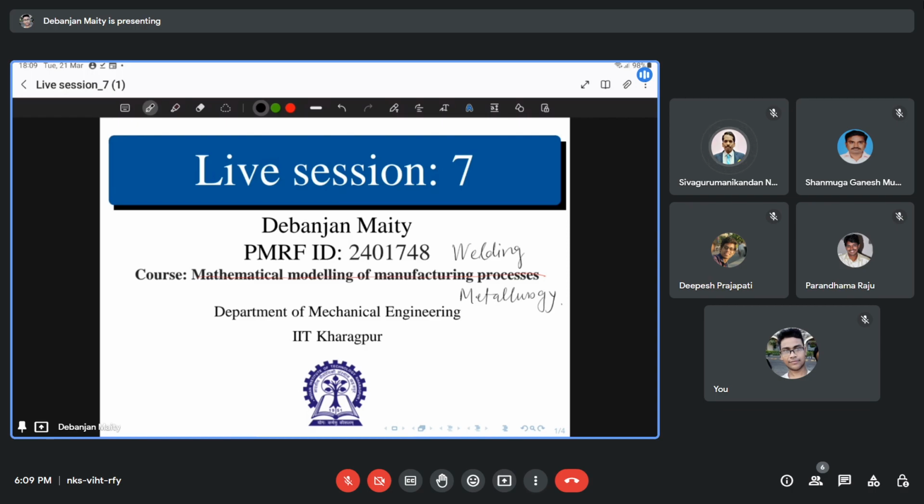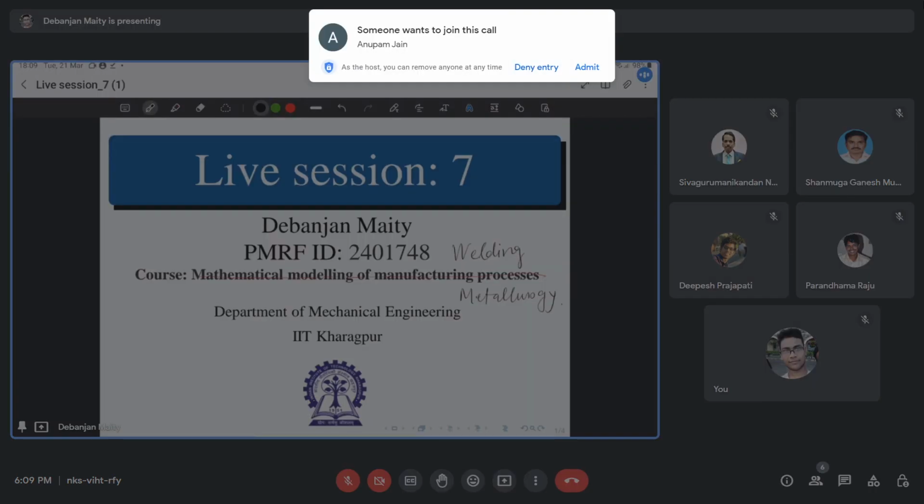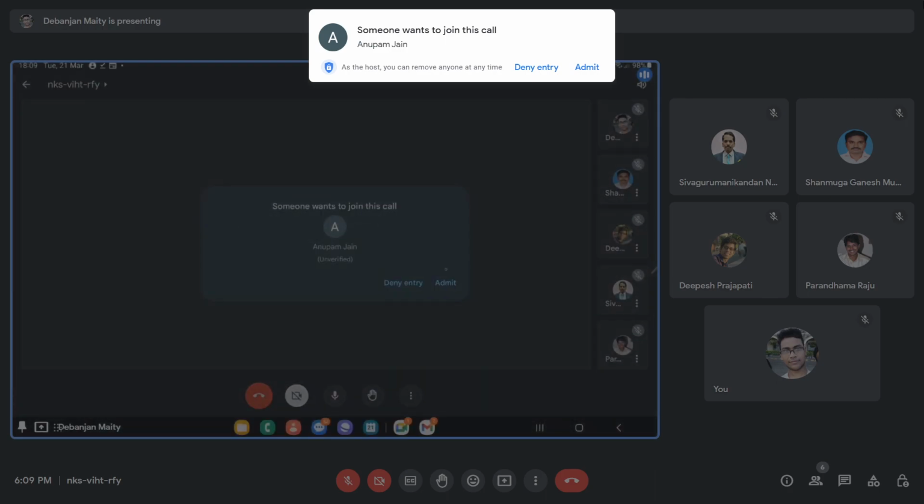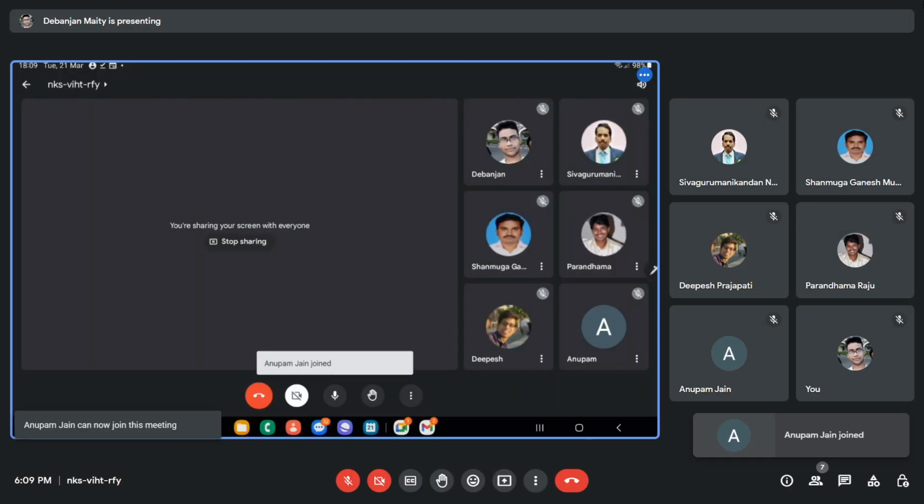This session will again be mostly on theoretical aspects of the different kinds of weld microstructures we observe, like what happens in the fusion zone, what happens in the heat affected zone, and what happens during recrystallization and grain growth.